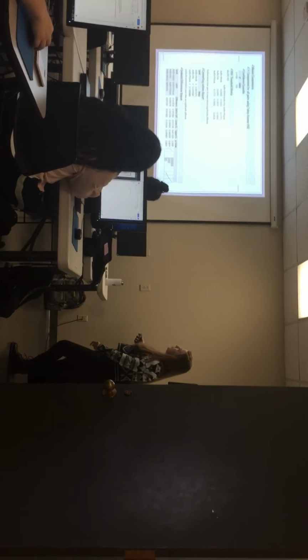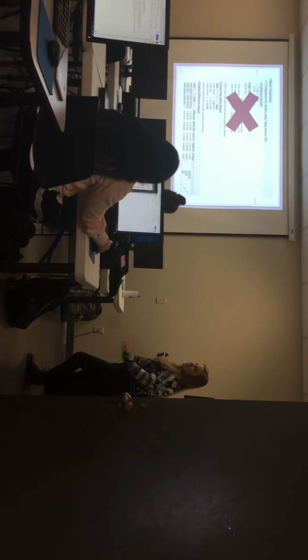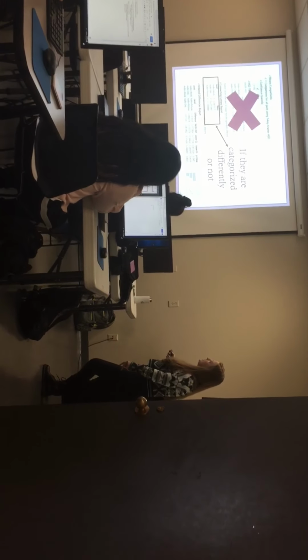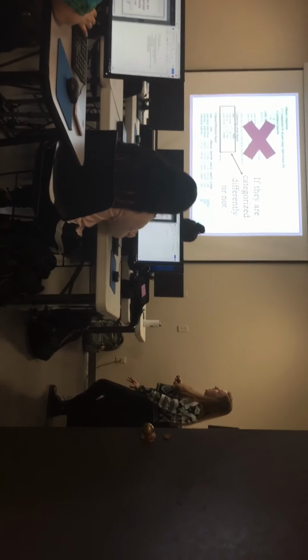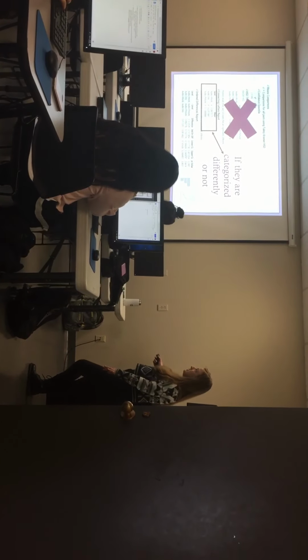So this is going to be your output. Just ignore that, that's not of interest for you. This is going to tell you whether they are all categorized the same. So in this instance, they are all the same.